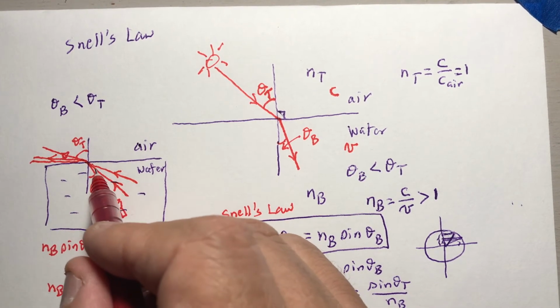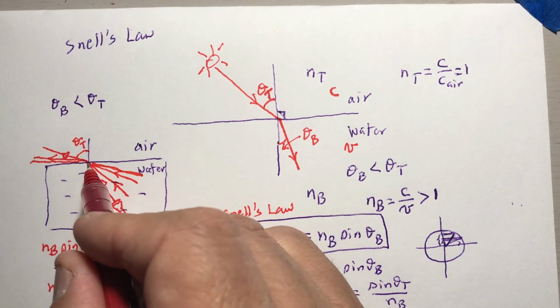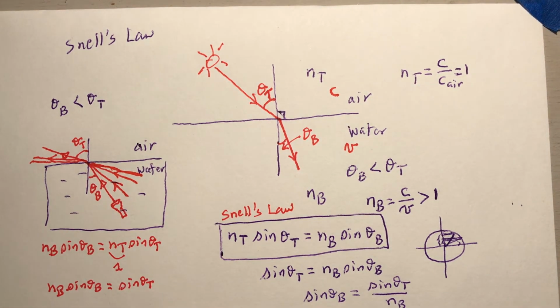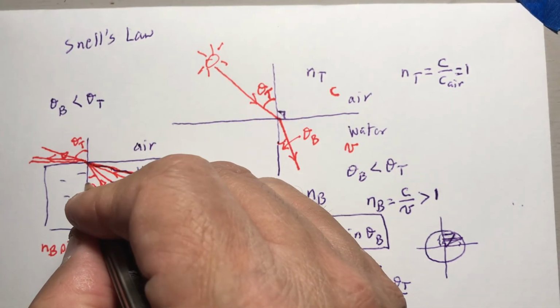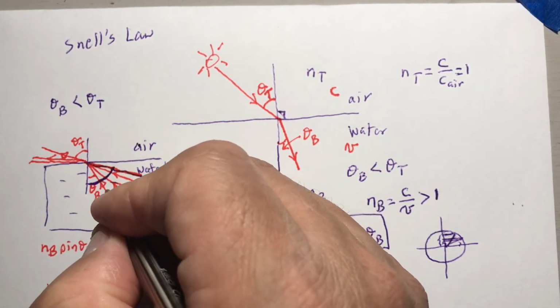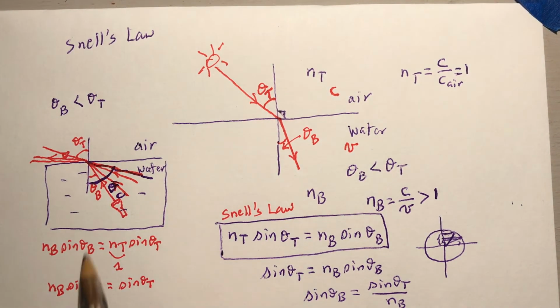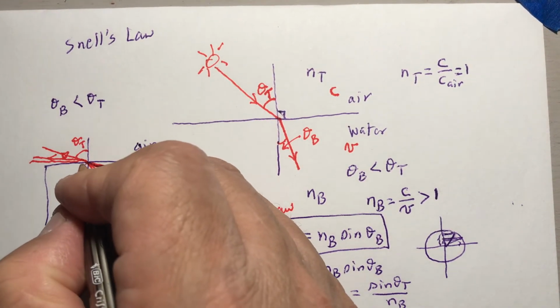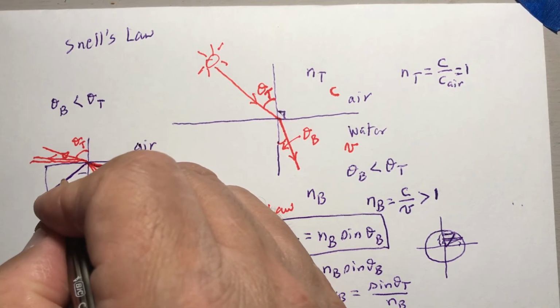But then at a certain angle, some critical angle, let me draw it in this color, this is some critical angle, theta critical. At this angle here, the beam will reflect.